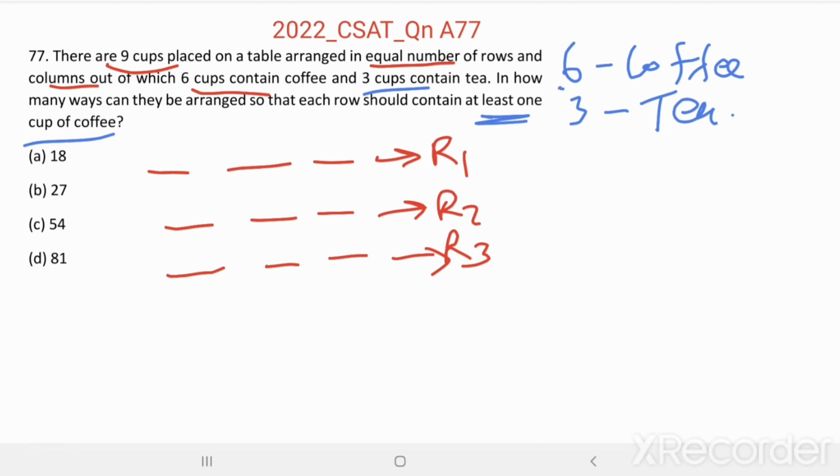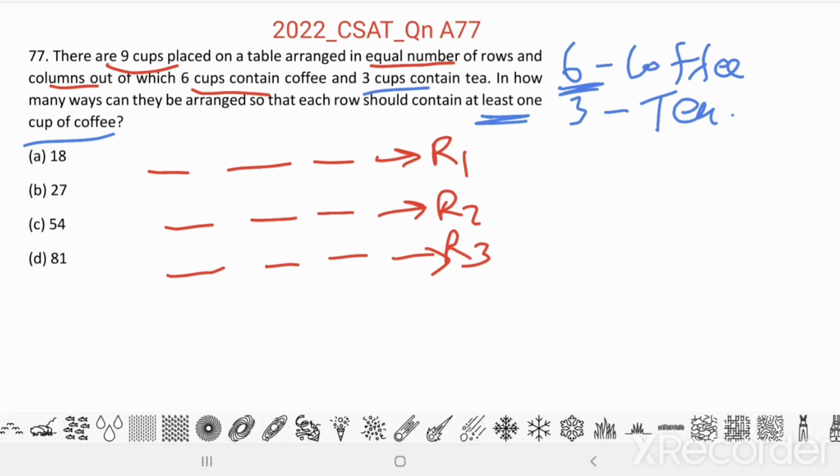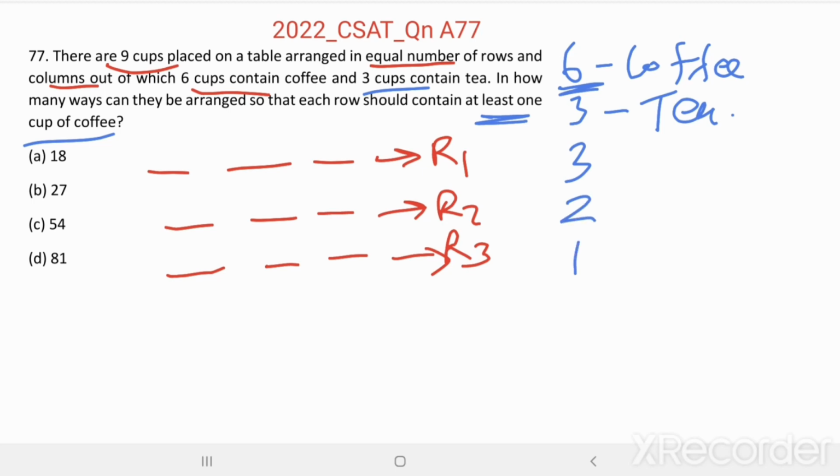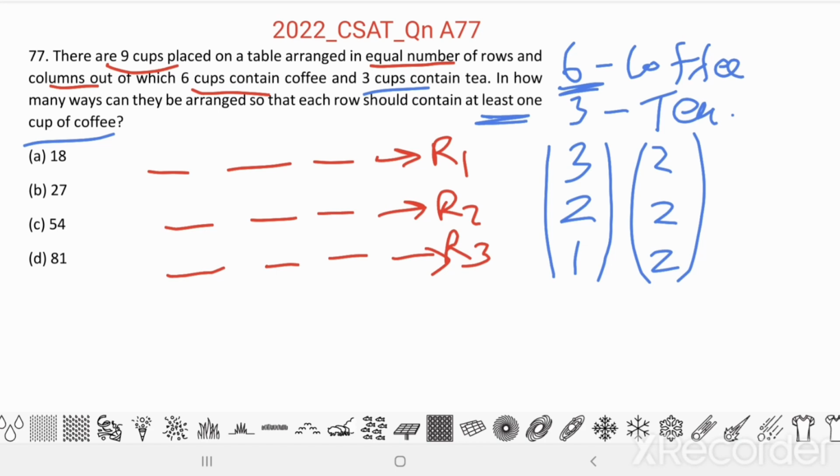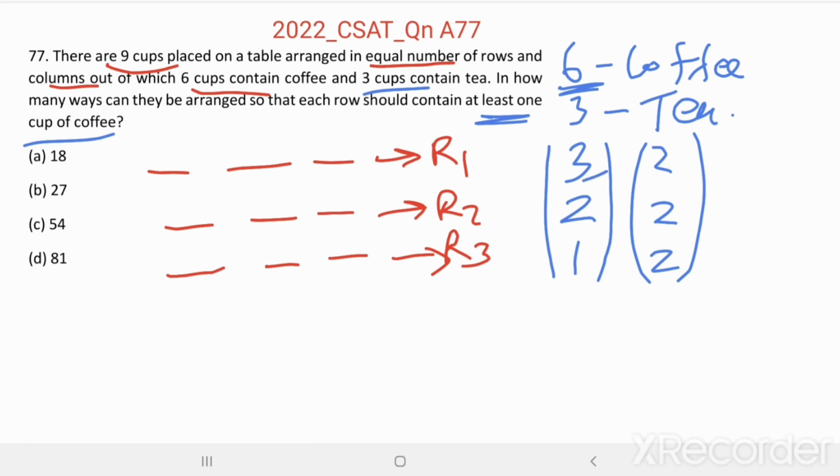To have at least 1 cup of coffee in each row, you can arrange these 6 cups of coffee as 3, 2, 1 or 2, 2, 2. In one row 3 cups of coffee, second row 2 cups, third row only 1 cup. Or each row 2 cups of coffee.